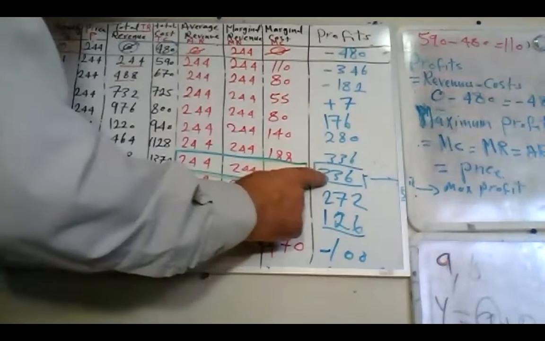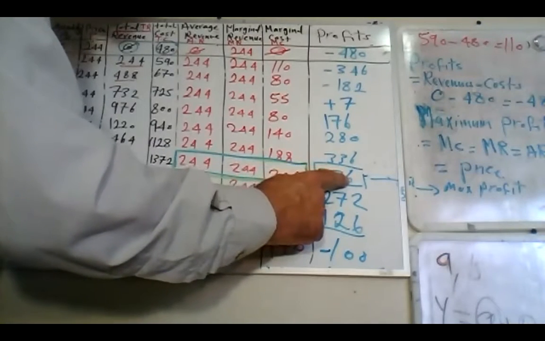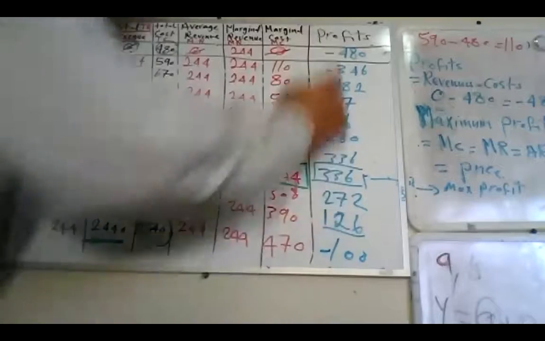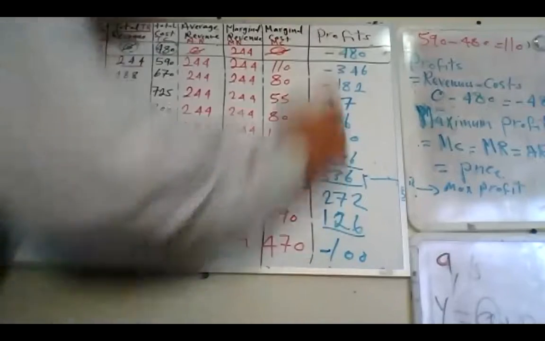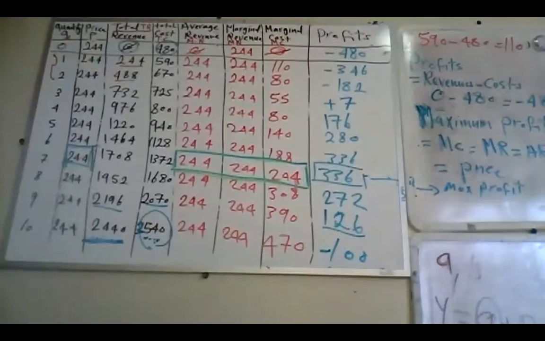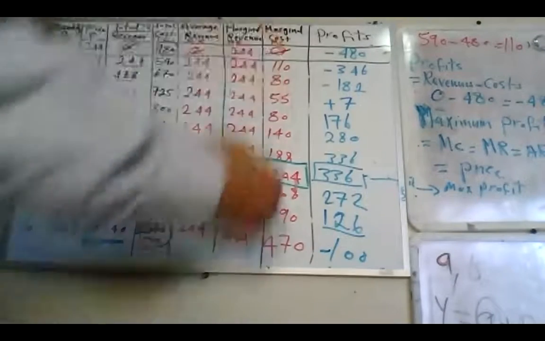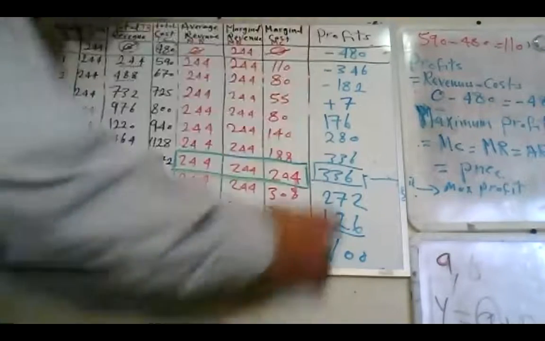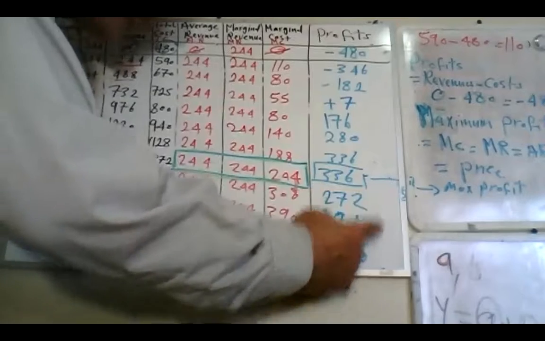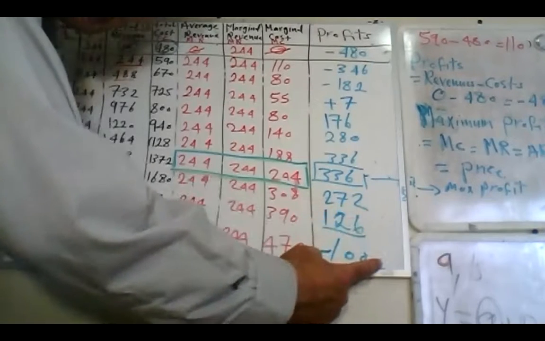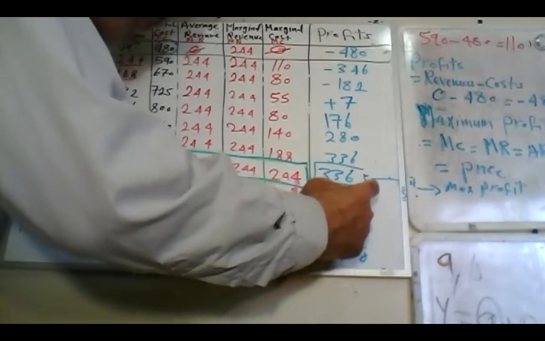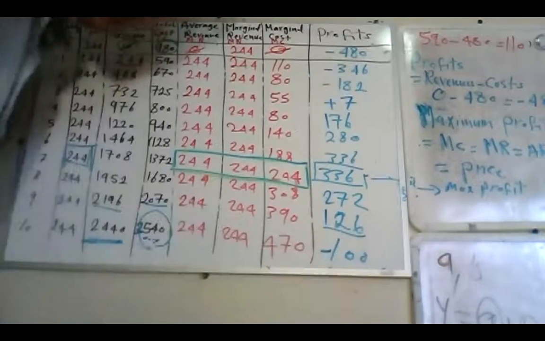Like you see here, $336 is the maximum profit in this column. This is the largest number in this column. After this point directly, the profits will start to go down.